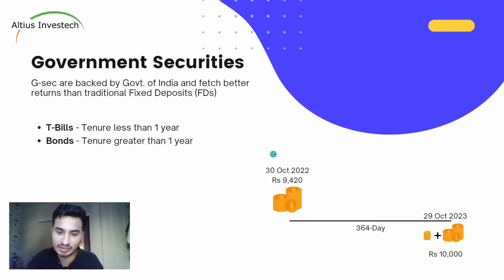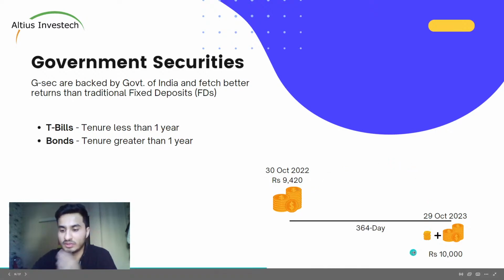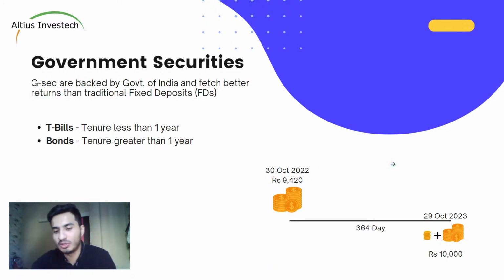So as I said earlier, the value of this T-bill is 10,000 rupees, and you can buy it at a discounted price of 9,420, and on its maturity you will receive the actual value of the bond, that is the whole rupees 10,000. So basically you have earned a return of close to 6.1% on this investment. Government securities are basically the most secure investment type that you can find in the market.